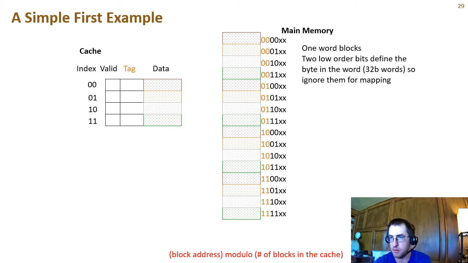The number of blocks in this cache is 4. That's 2 to the second. So log base 2 of 2 to the second equals 2 bits for the index. So the middle 2 bits shown in black there are the indices of each of the addresses in the cache. And then the brown bits are the tags.